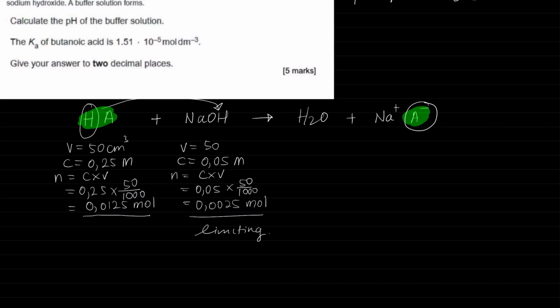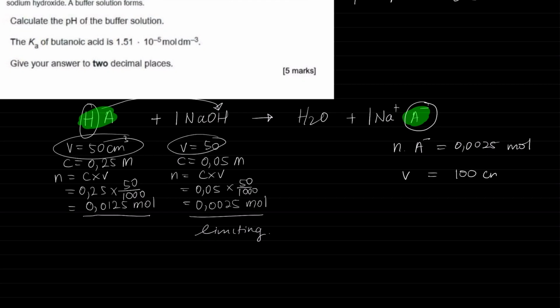Now, since the ratio here is 1 to 1, we can say that the number of moles of the conjugate base is going to equal 0.0025 moles. And let's remind ourselves that the volume that this is in is going to be 50 plus 50, so 100 cm³. So we're going to need this.